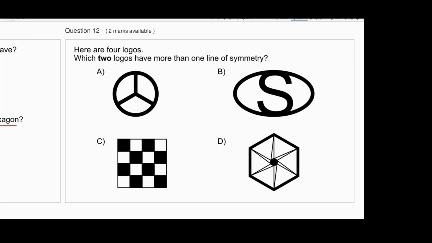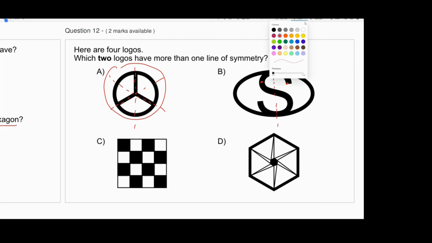So I agree with A for sure, because you've got one line of symmetry here, you've got another one here, and another one here. So that's three. I don't think B actually has any, because if I did this, the problem is this part wouldn't fold onto there exactly, right? They wouldn't meet. If it was like this, it would, right?